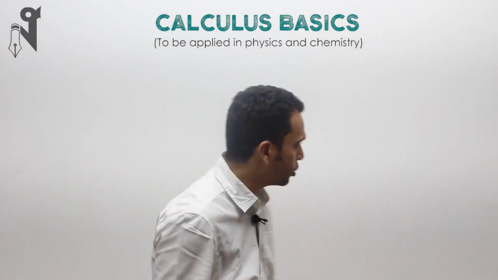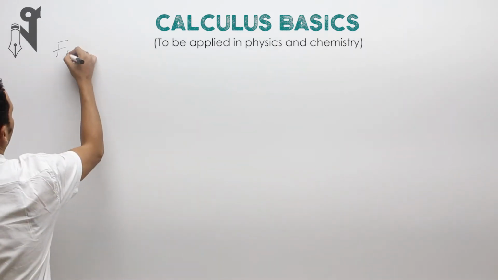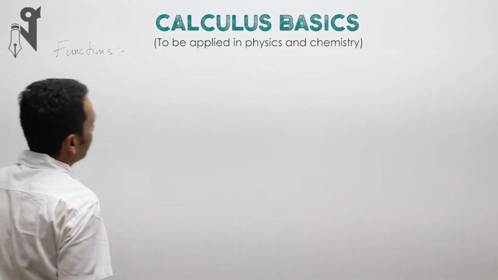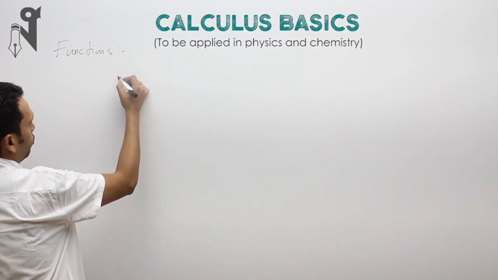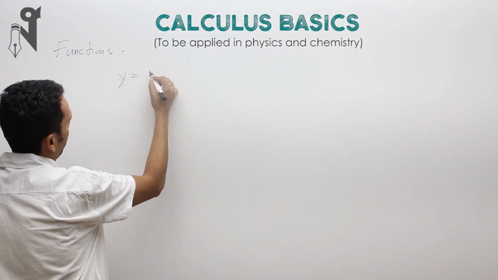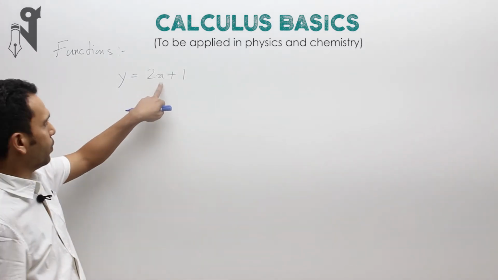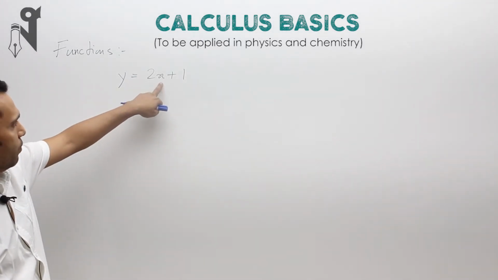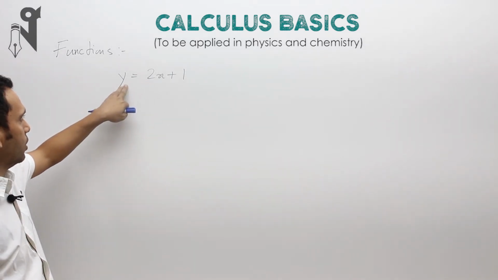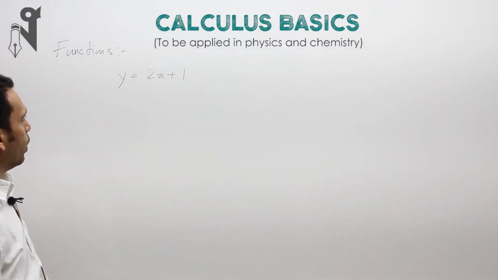So what are functions? There's nothing new over here. It's just a fancy name for what we used to call y. Say y was 2x plus 1. So here x was an input variable. We are putting various values of x to get various outputs as values of y.